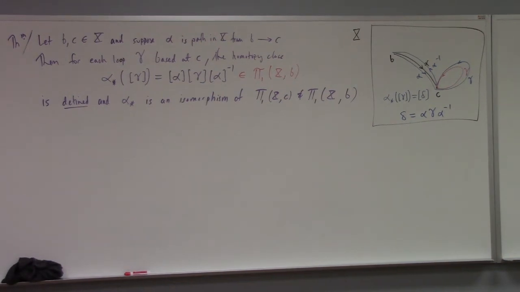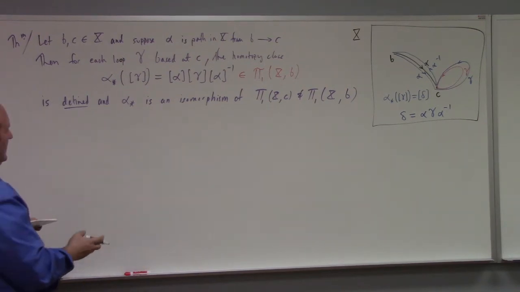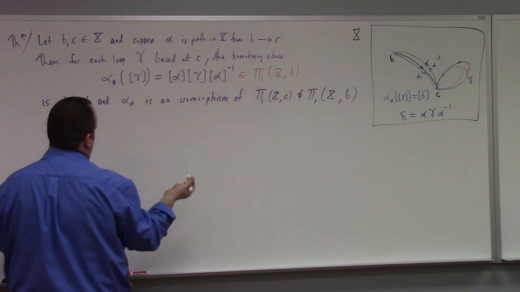So what has he proved for us here? He says, since the initial and terminal points of the path match up appropriately, alpha star is well defined. Let me just go through that right quick.